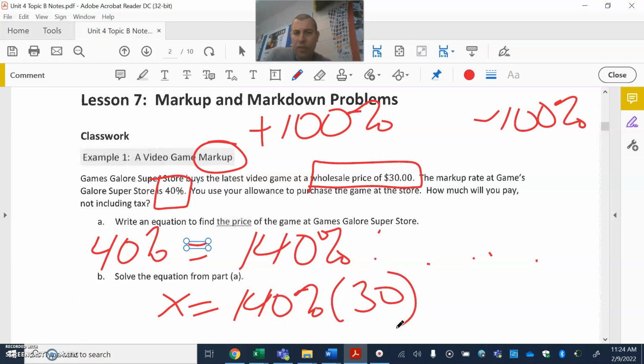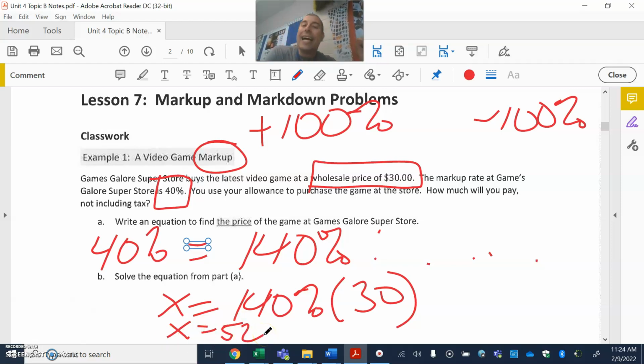The wholesale price is the original, that's why it's the whole. Wholesale kind of works together as well. So this is where we can reach for a calculator. We can multiply that out, and it's going to tell us 52.